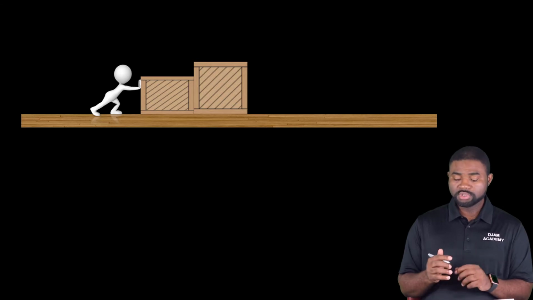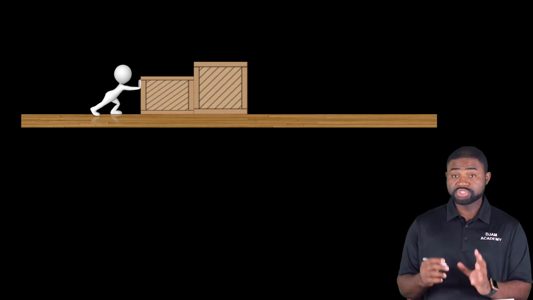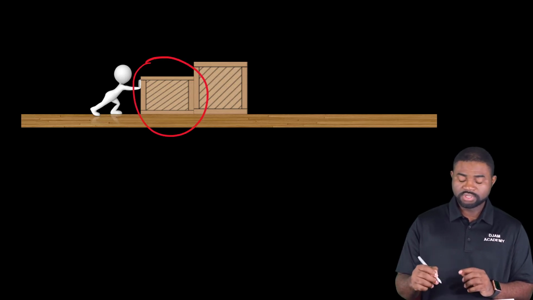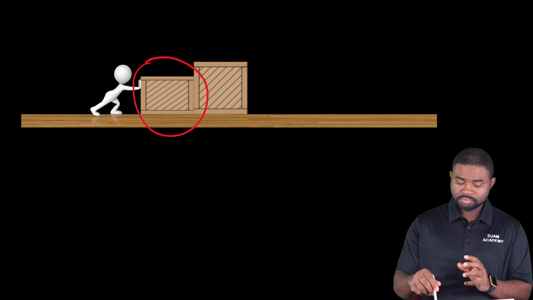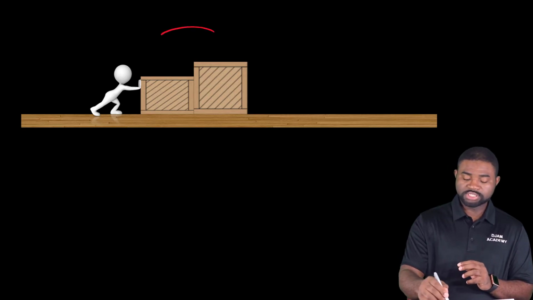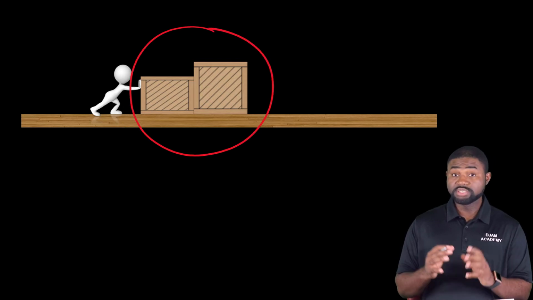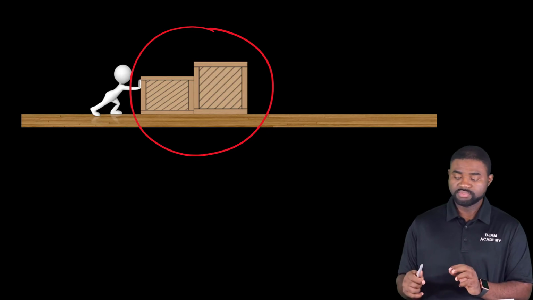For example, if we are interested in the motion of a box, then that box is our system. But if we are interested in the motion of these two boxes, then these two boxes represent our system.